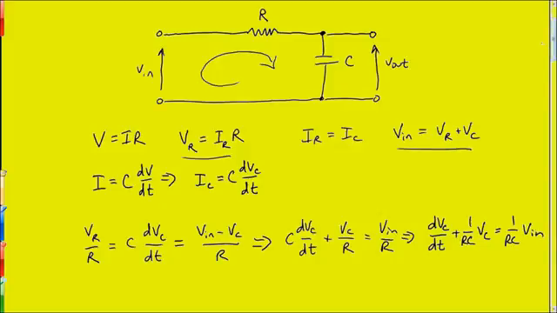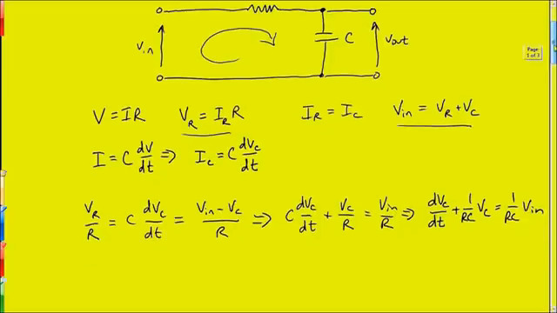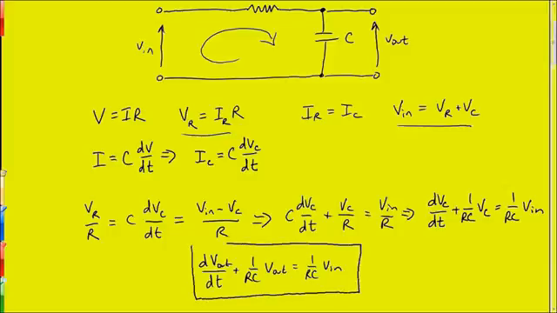And finally, we note that the voltage over the capacitor is exactly the same as V out, which is what we're looking for. And so for our circuit, we can write that dV out dt plus 1 over RC V out is equal to 1 over RC V in. And this is the governing equation for the low-pass filter that we have created above.